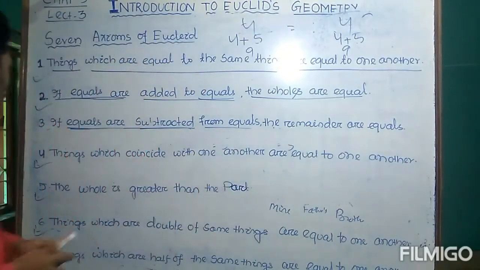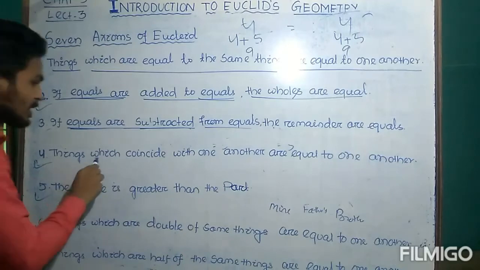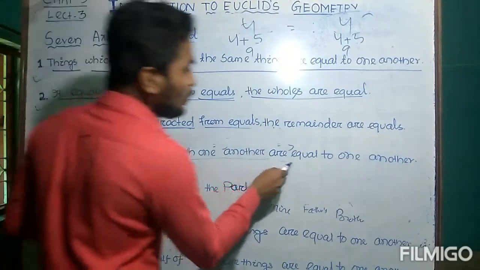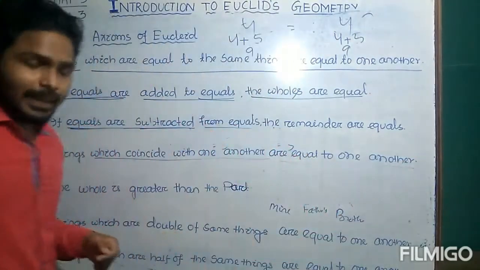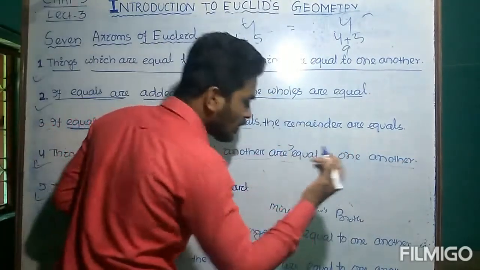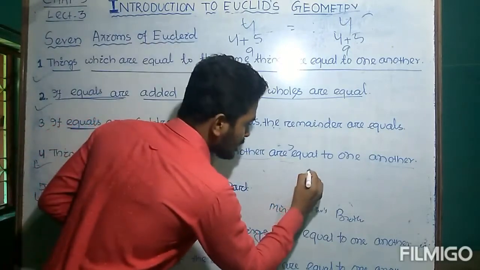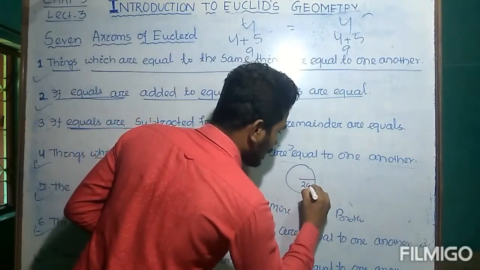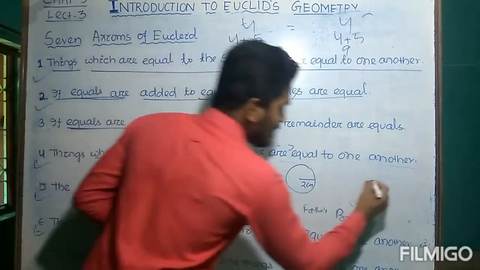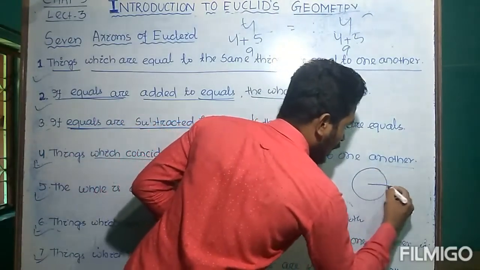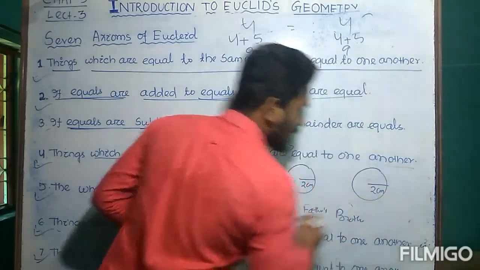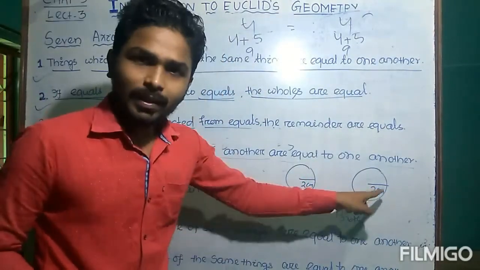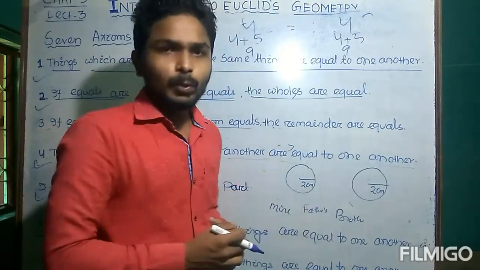Fourth axiom: things which coincide with one another are equal to one another. It means if you take two circles, this is a circle with radius 2 centimeter, and this is another circle of the same radius, 2 centimeter. Then these two circles are equal if they coincide with each other.